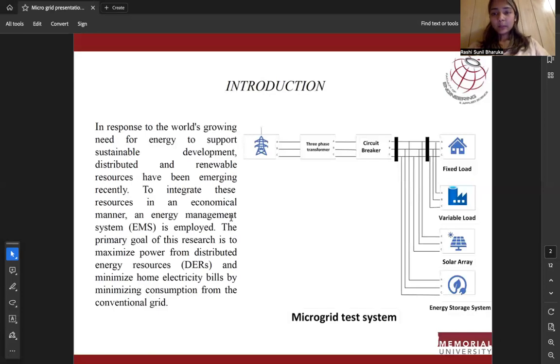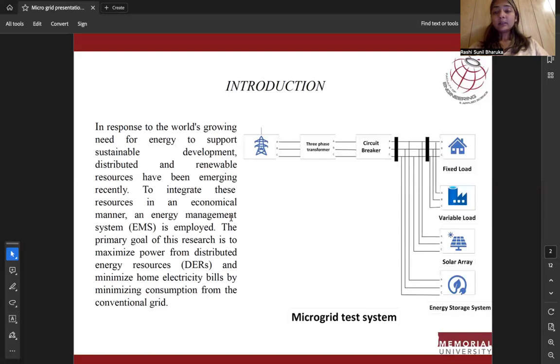With the growing demands and the need for energy supply to support sustainable development, renewable resources have been emerging recently.